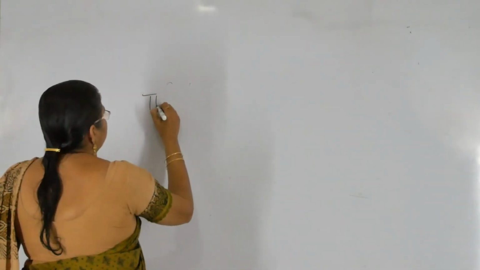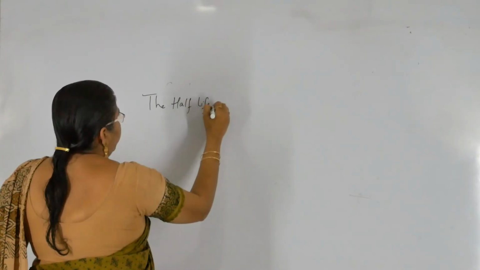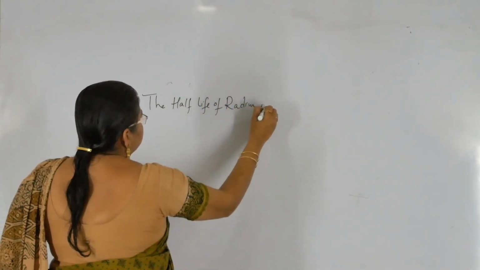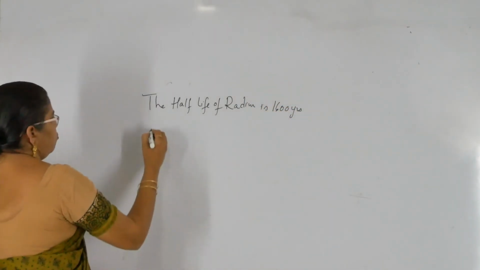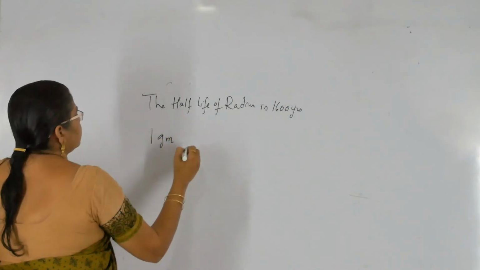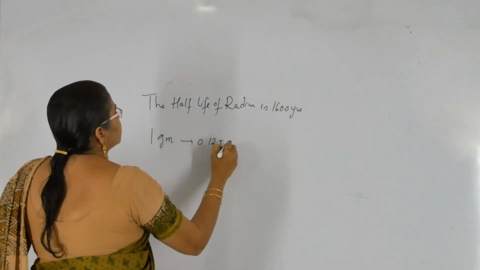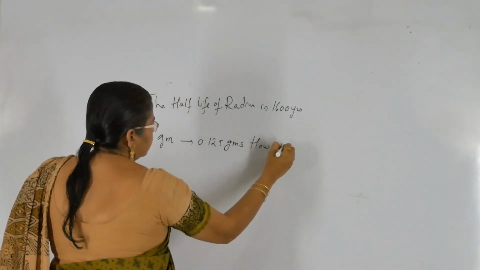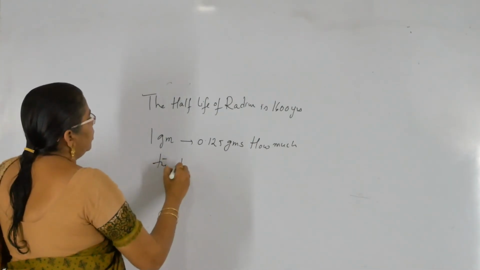The half-life of radium is 1600 years. Now, when 1 gram is reduced to 0.125 grams, how much time does it take?